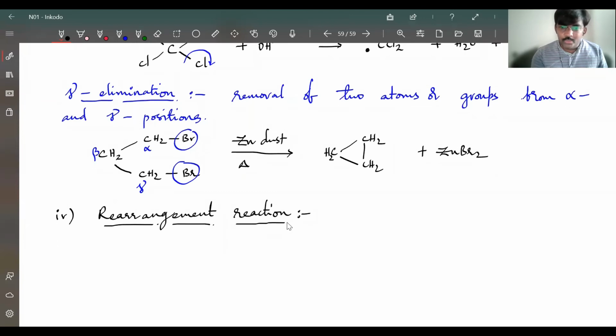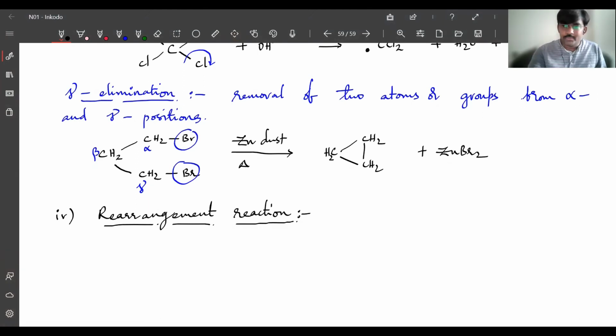What happens is there will be migration of atoms or migration of groups. The atoms or groups will shift from one atom to another atom. That kind of reaction is called a rearrangement reaction.